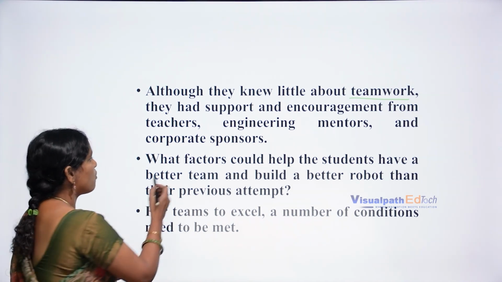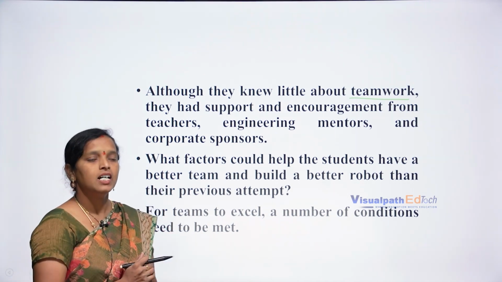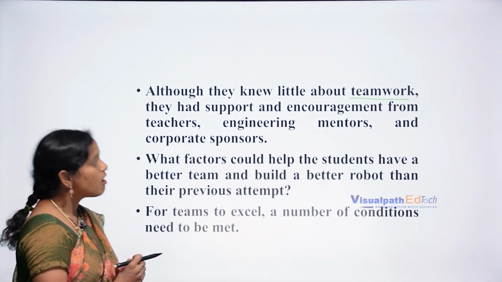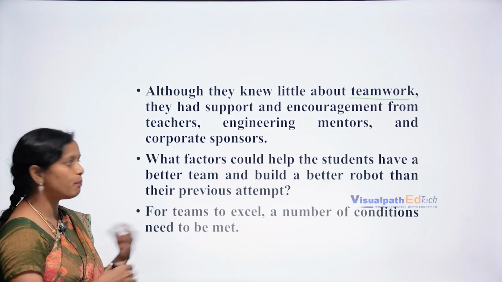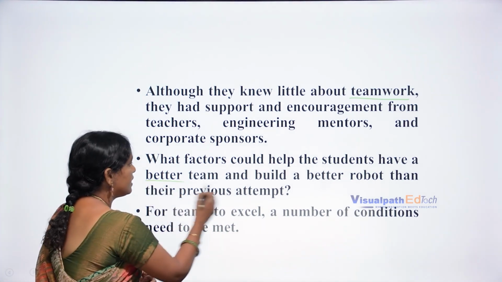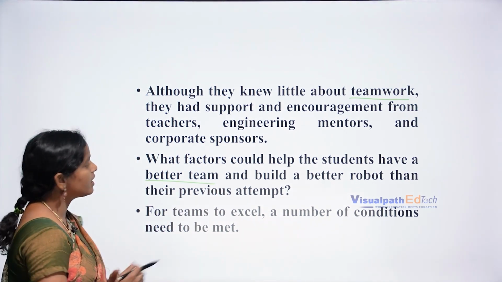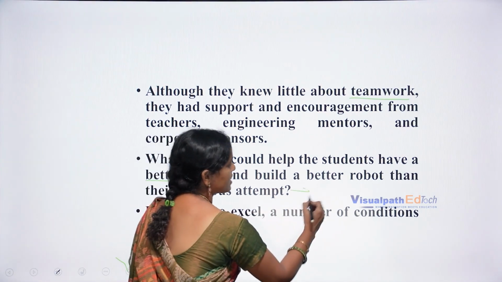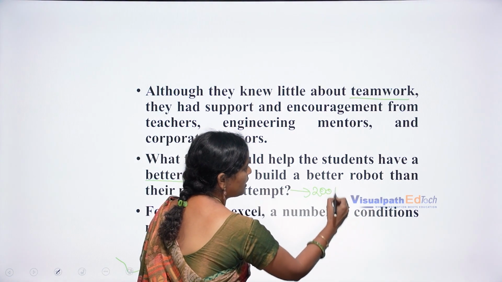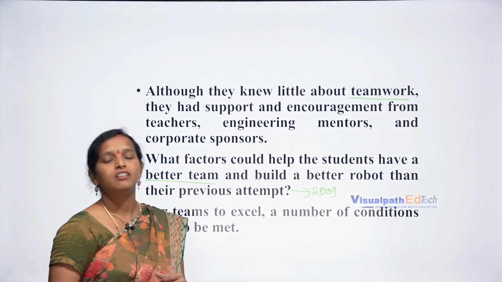What are the questions that we are going to crack in this session? What factors could help the students perform better and build a better robot than the previous attempt? In 2001, they were unable to meet the challenge of firing the balls.